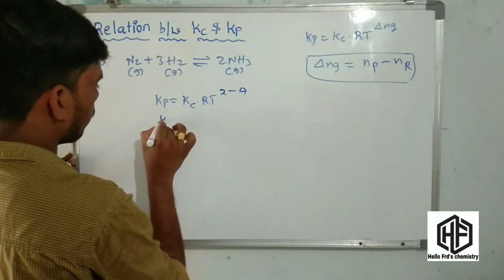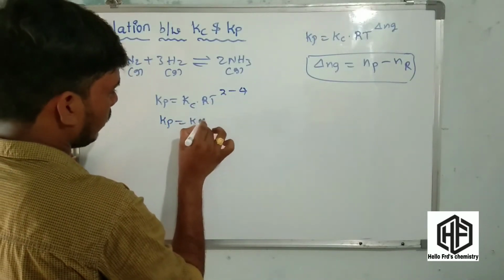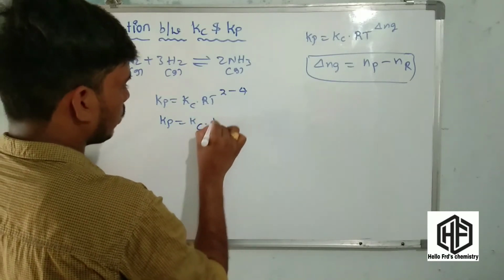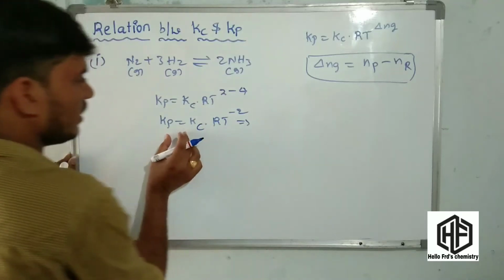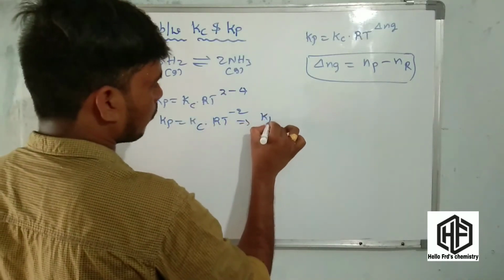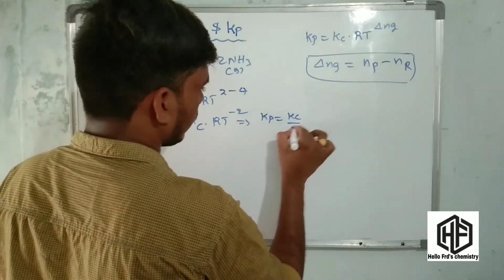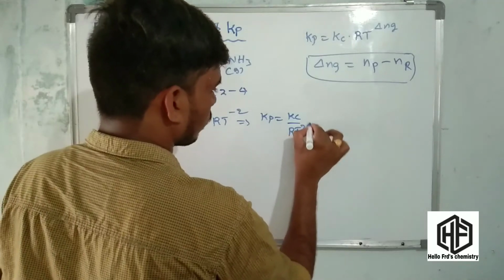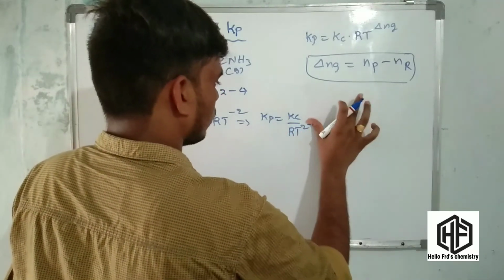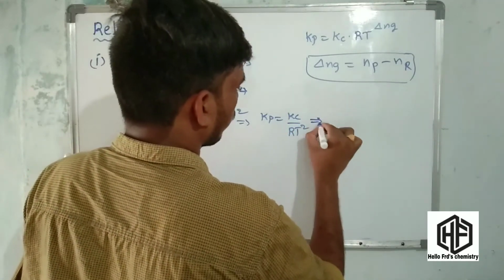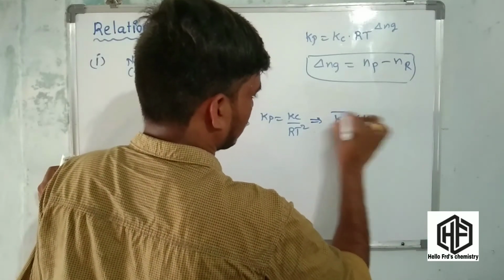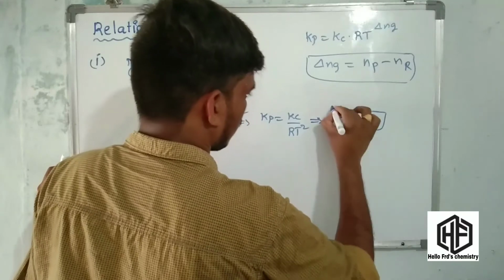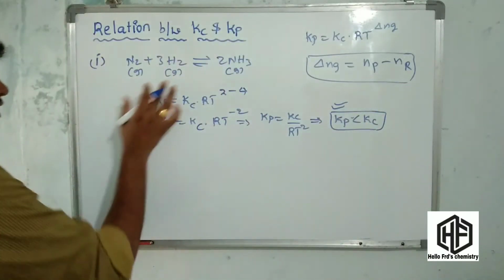So Kp equals Kc into RT power of minus 2, that is, Kp equals Kc by RT squared. In this case, Kp is less than Kc.